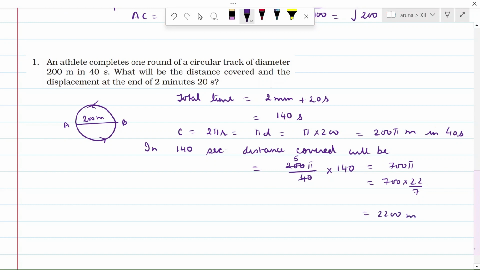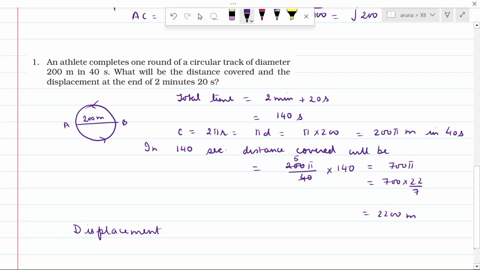For displacement, he starts from A, comes back to A, 40 seconds, 80 seconds, third time, 120 seconds.